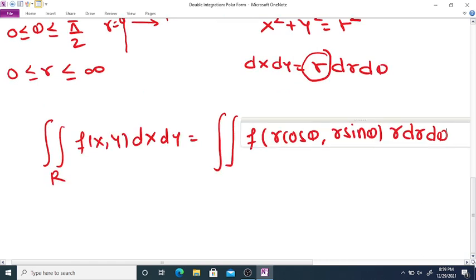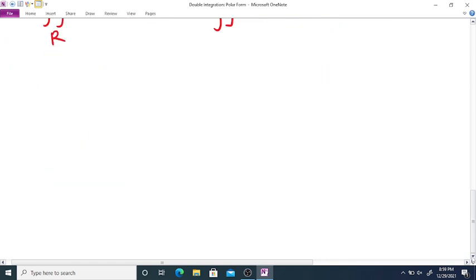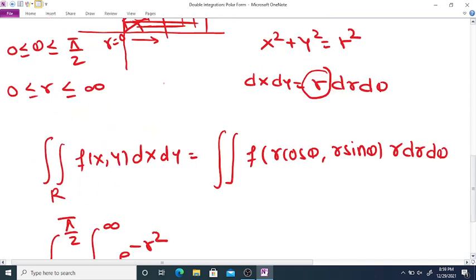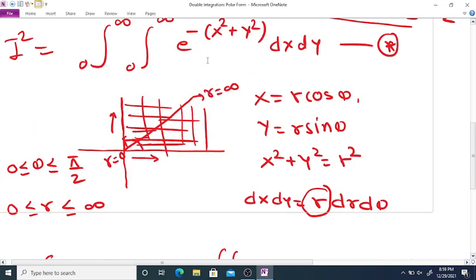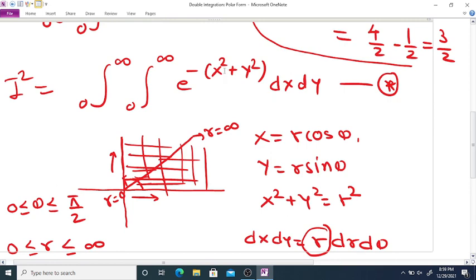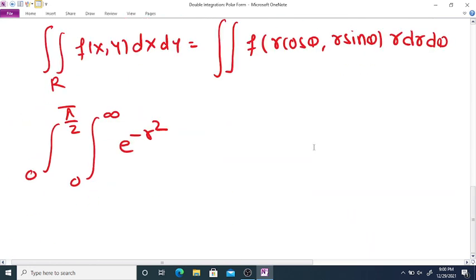By using this formula we can write equation star as the limit of theta from 0 to pi by 2, the limit of r from 0 to infinity, e raised to minus r square, since the value of x square plus y square is r square, and the value of dx dy is r times dr d theta.